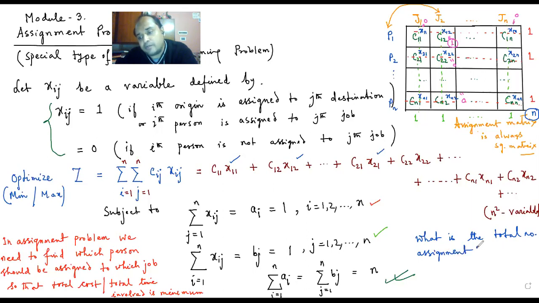What is the total number of assignments in this particular problem? If we have an n by n table where n square variables are there, n square cost items are there, what is the total number of assignments that we expect this problem must have?